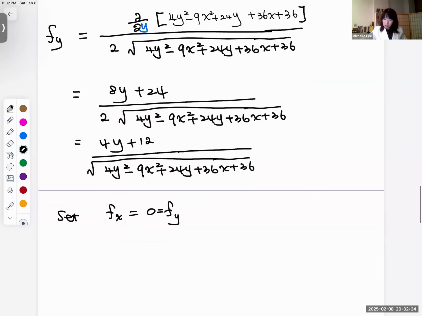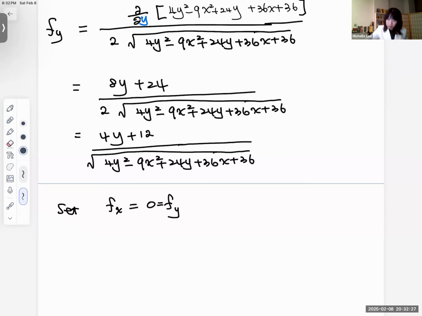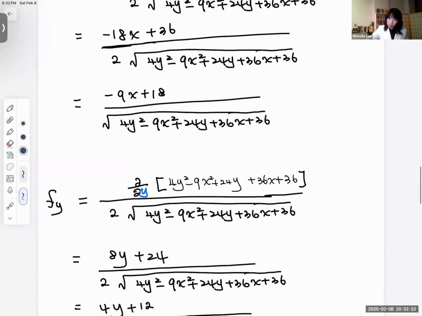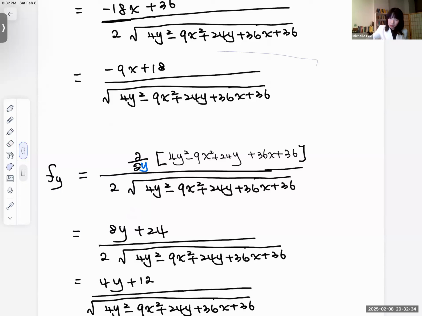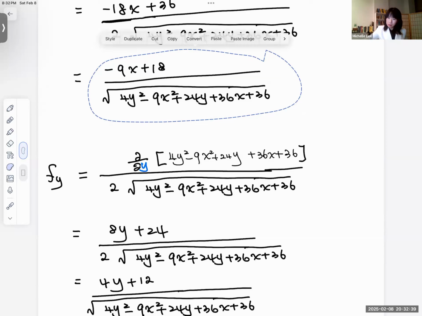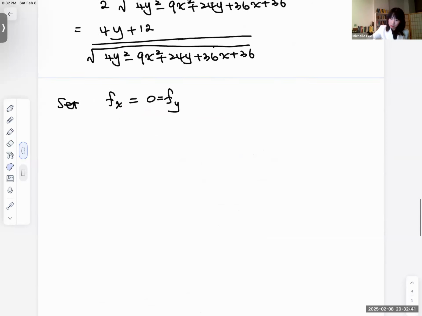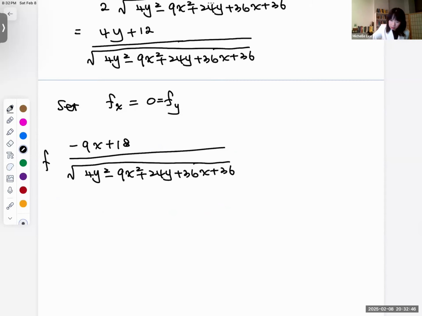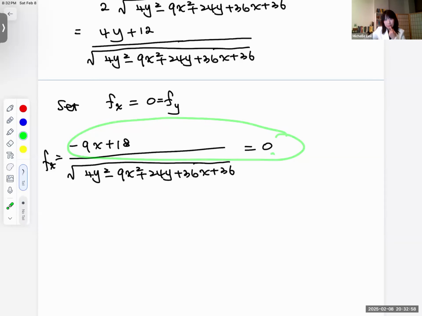Okay, then let's find out. So this one whole thing equal to 0, right? This one whole thing equal to 0. All right, so in that case, we can just use numerator equal to 0, right?